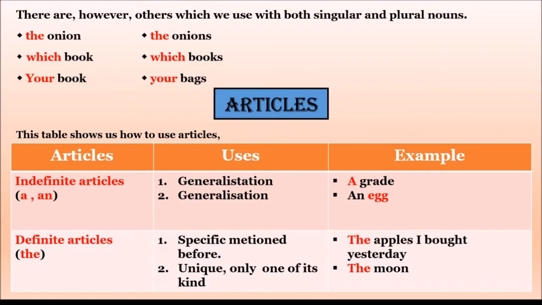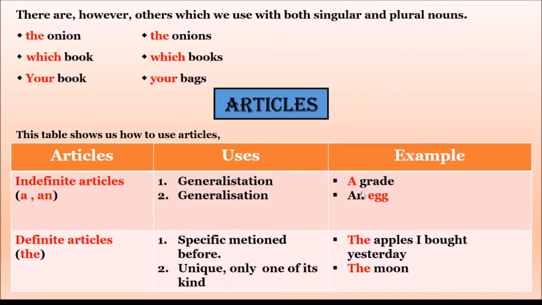Okay. Now a and an are the indefinite articles. Indefinite articles mean they define the noun as something unspecific. They are not talking about something specific. They're just defining the noun as unspecific, like a generalization, something generic, something mentioned for the first time.